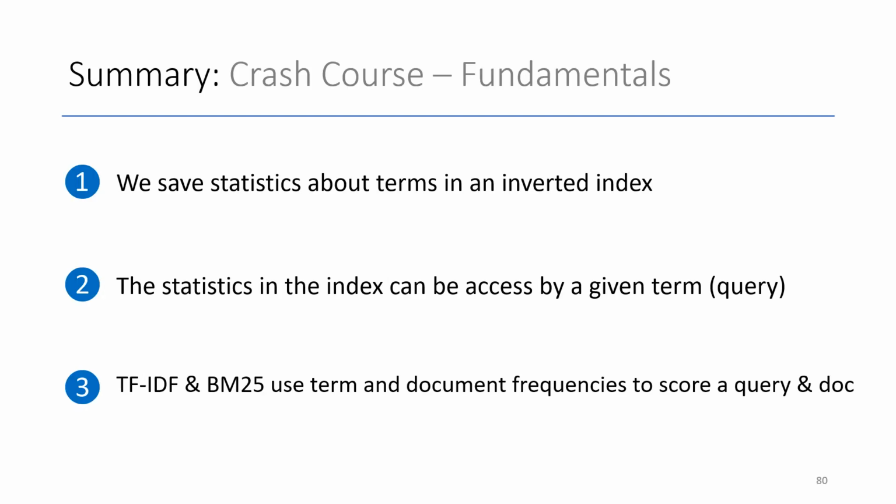With that, I want to finally emphasize the key takeaway messages from our crash course on fundamentals. And that is, first, we save statistics about terms in an inverted index so that we can then, at query time, access those statistics in a very efficient way by a given term in the query.